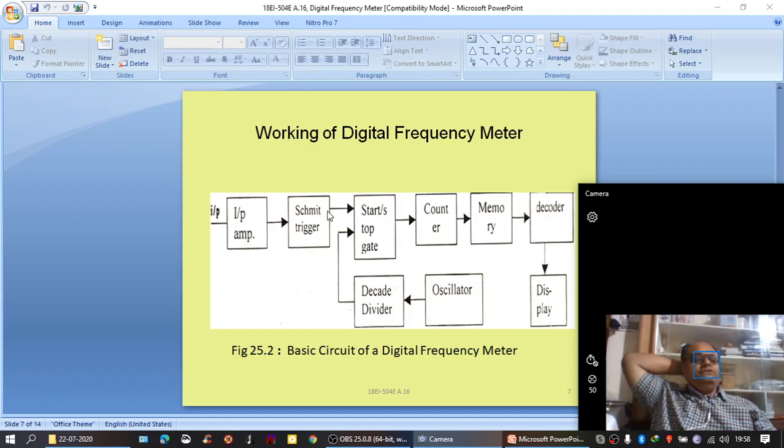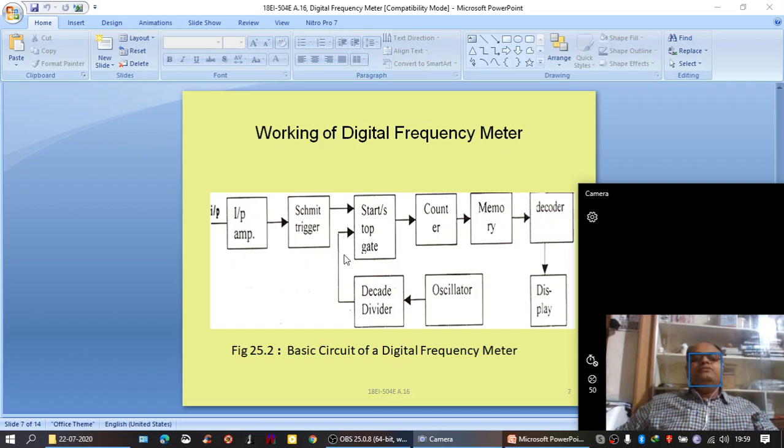Then, although it is not shown in the diagram, a differentiator is also required to convert those pulses into sharp spikes, and then those spikes are given to the start stop gate.